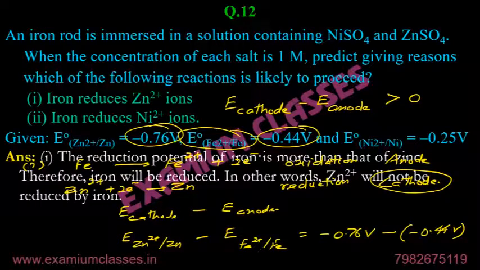So it will not be possible, because it will be minus 0.76 plus 0.44, which is negative: minus 0.32 volt, it is not greater than 0. That's why the reaction will not be possible. So iron won't reduce zinc. Is that clear or not?